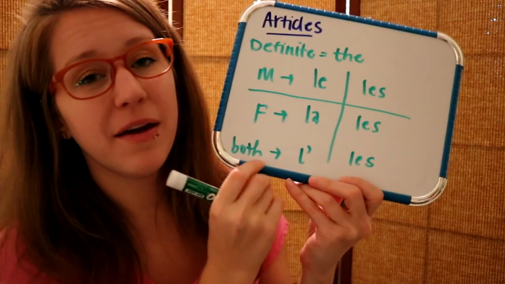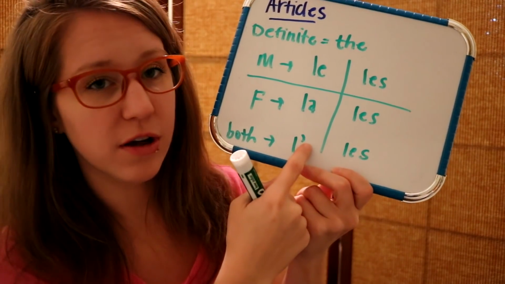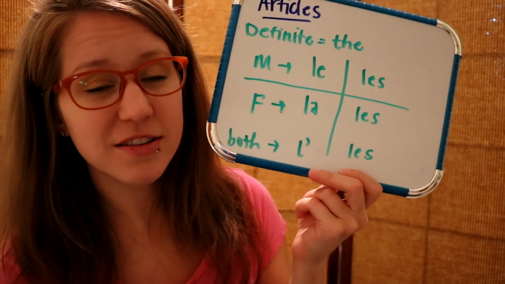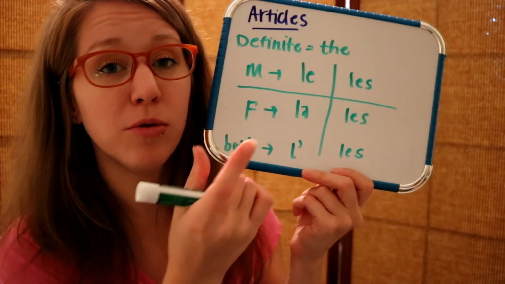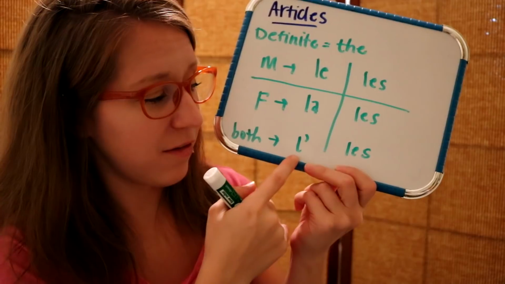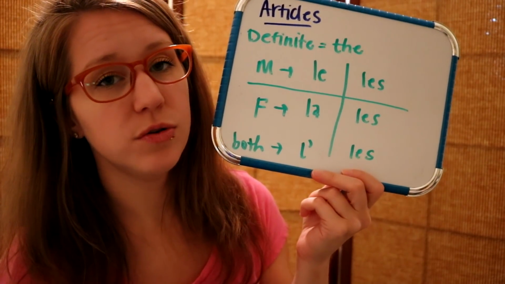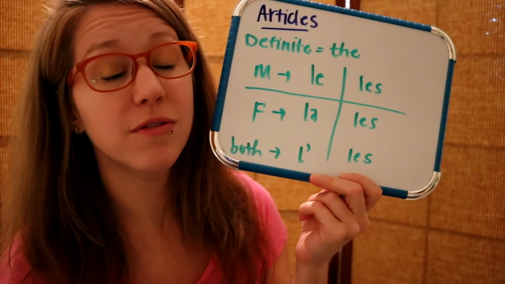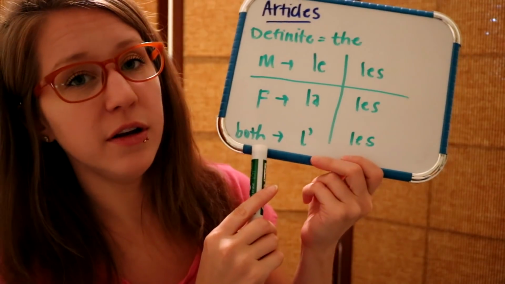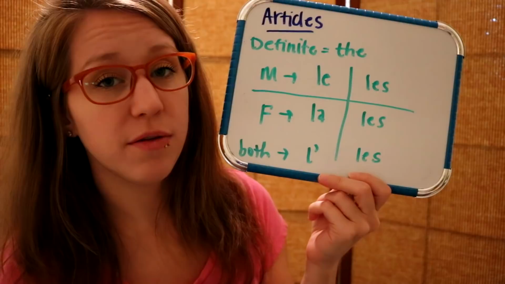And then both of them have the opportunity to become L apostrophe, an L with an apostrophe. Because if you have a double vowel situation, remember that we will delete the vowel in favor of an apostrophe to glue that to the word that follows it. So either one, when in the singular form, could become l'apostrophe.